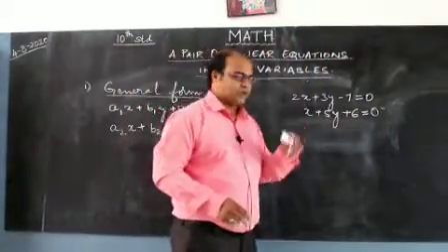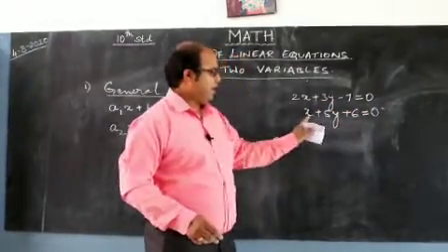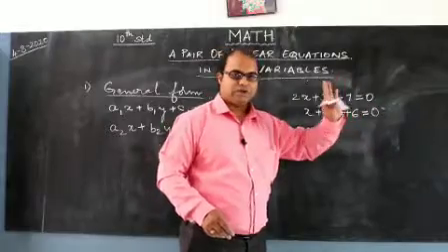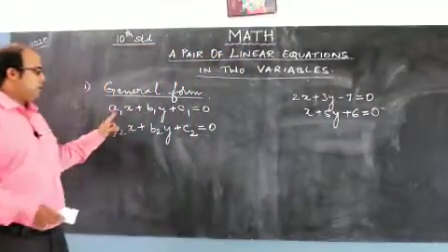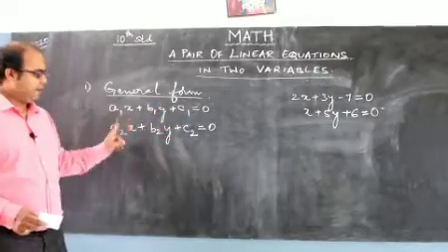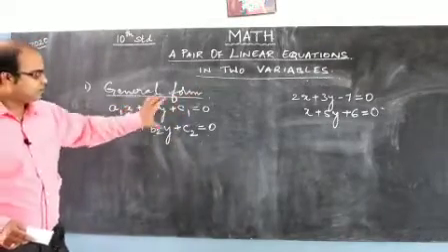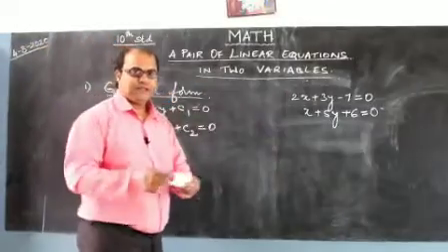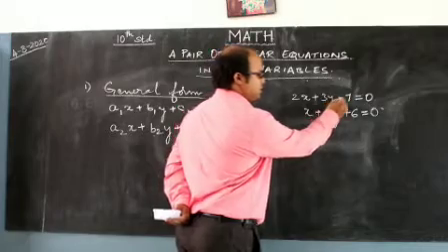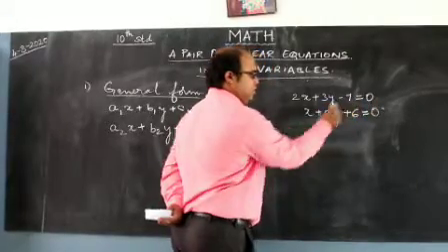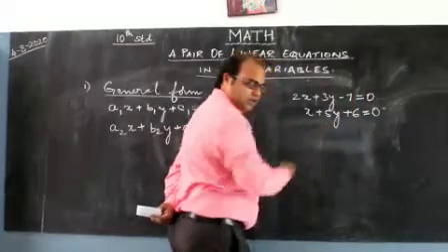Now in this equation, 2x plus 3y minus 7 equal to 0 and x plus 5y plus 6 equal to 0, let us write the values of a1, b1, c1, a2, b2, c2. See, if you compare the general form and this, you can easily find out a1x plus b1y plus c1 equal to 0, a2x plus b2y plus c2 equal to 0.